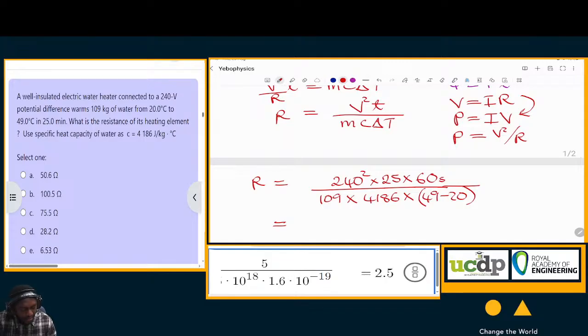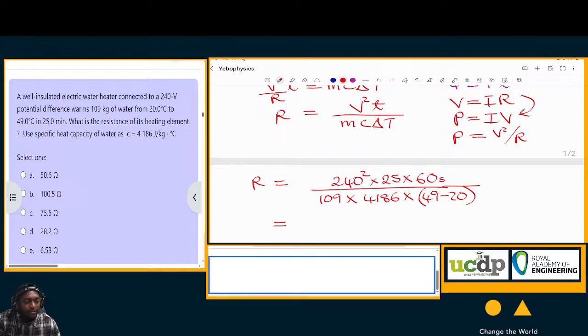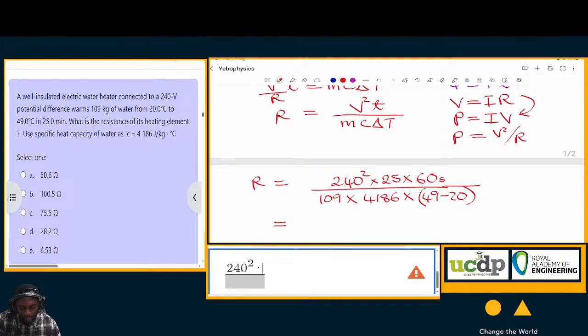Then from this substitution, you can punch it in and see what we get. So there we are, we get 6.53.